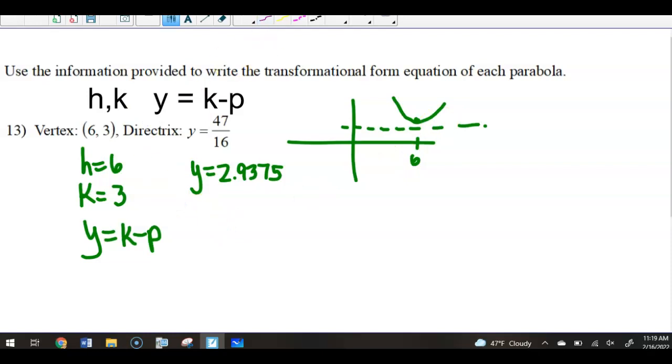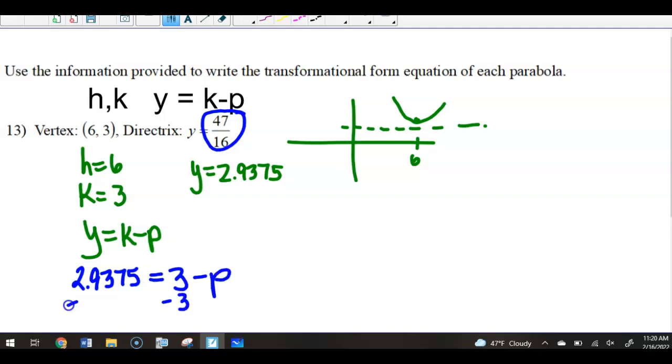But we can find that algebraically just by plugging all these values in. All right, so y is 47/16 or 2.9375 equals k, which is 3 minus p.